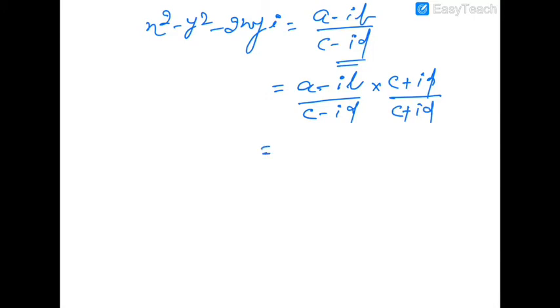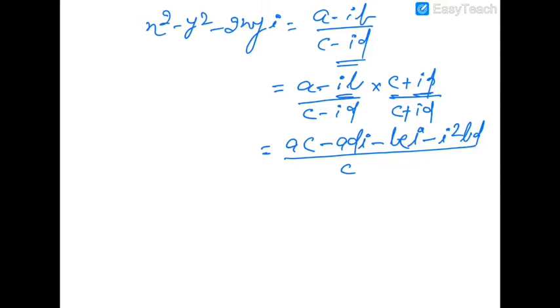Now if we multiply, we'll be getting ac plus adi, then minus bci, and minus i square bd, upon c square plus d square.